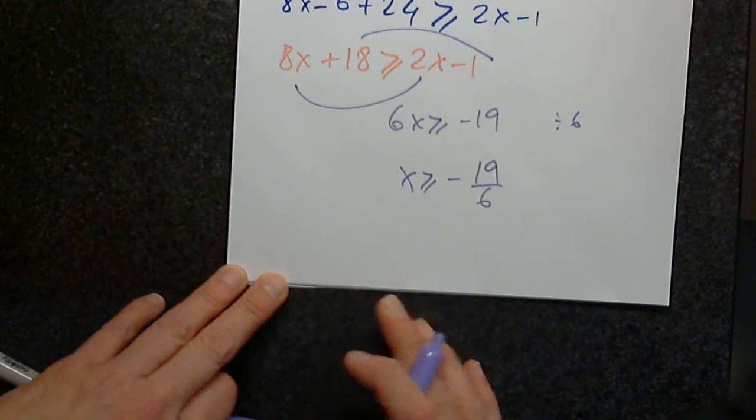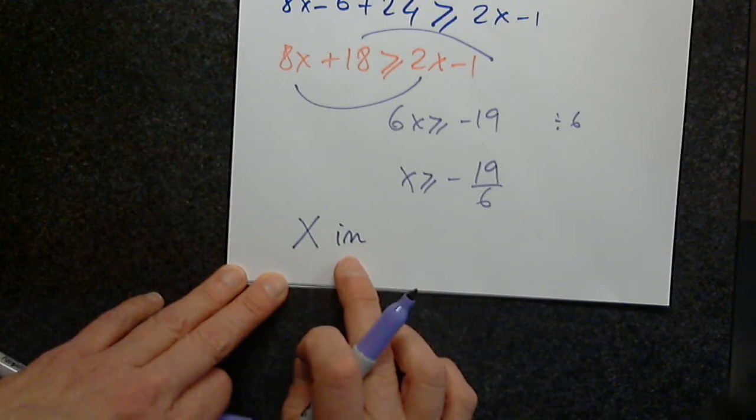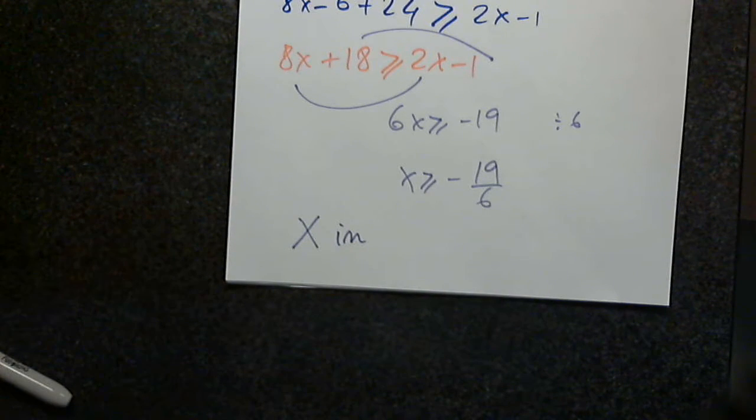But in interval notation, what will you write? And I like to write x is found in the interval. Which interval would you write? We can graph it if that's better for you. But if you read the inequality, you will know where to start.